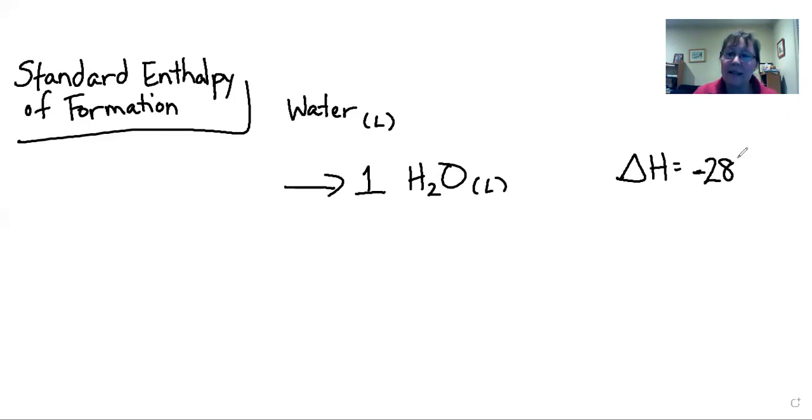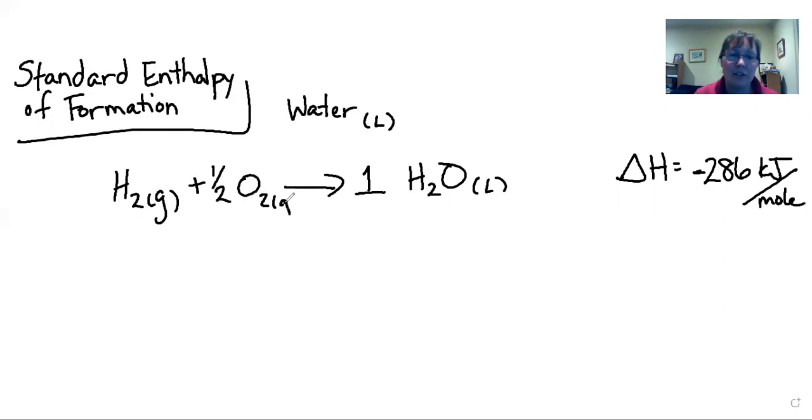For water, that's negative 286 kilojoules per mole. How do we make this? Well, with 1 mole of hydrogen gas and a 1/2 mole of oxygen gas.